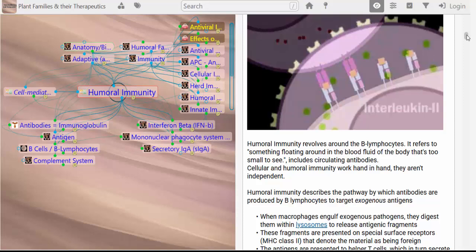So humoral immunity revolves around the B cells, and it refers to something floating around in the blood fluid of the body that's too small to see, and that's going to include antibodies. The cellular and humoral immunity are working hand in hand. They're not independent.